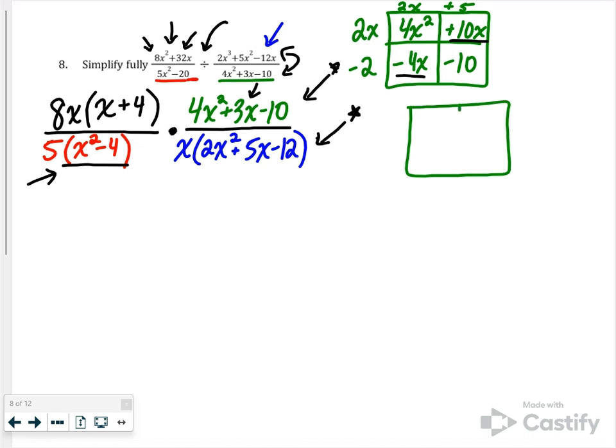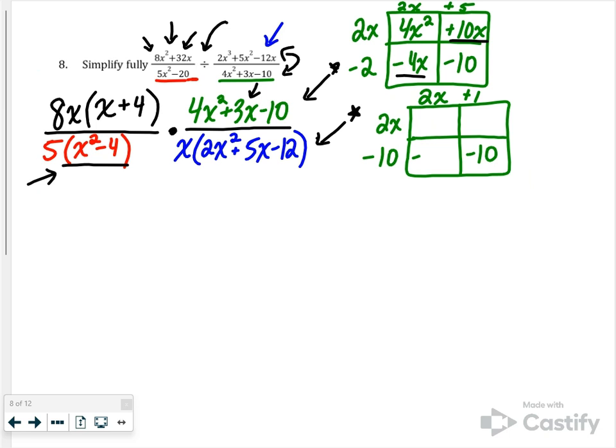So I think we should try 2x, 2x. So that's another way to make negative 10.